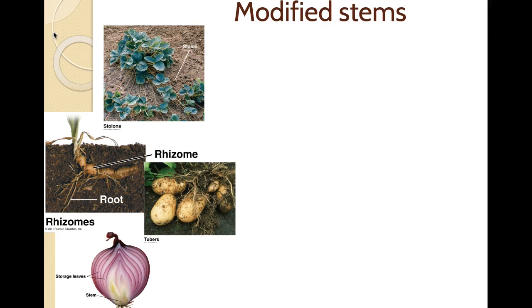Much like there were modified root systems according to the environment that these plants are living in, there are also modified stem organ systems. So one type is a runner or stolon. Examples are strawberries and grass.